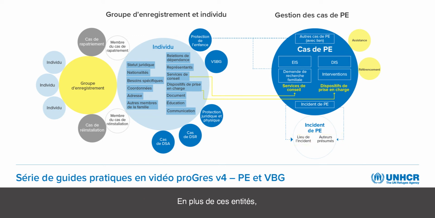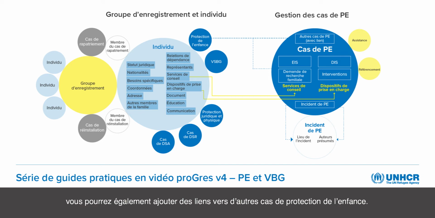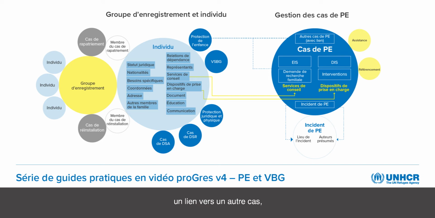In addition to these entities, you will additionally be able to link child protection cases so that if there is a connection between one child protection case and another, you would be able to include that linked child protection case into another case so that you can refer to them together.